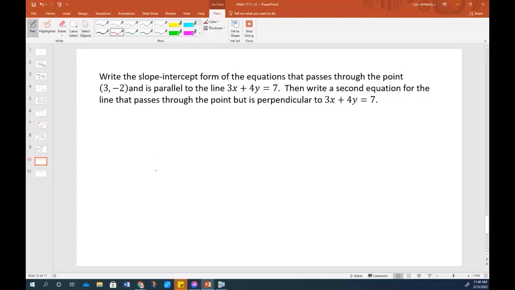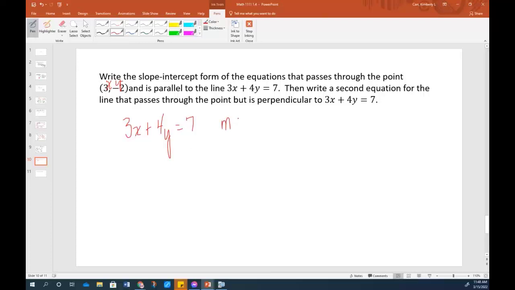So what is it that we have? We know we have an x and a y. And the line they gave me is 3x plus 4y equals 7. The reason that's important is because I can't do perpendicular or parallel unless I know what the slope of this line is.